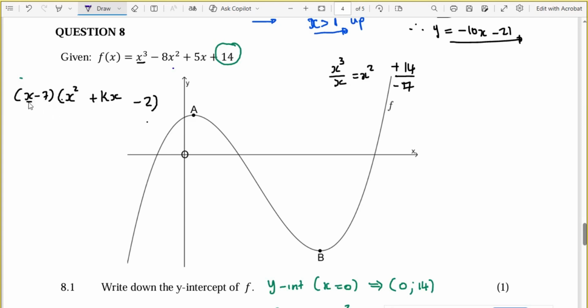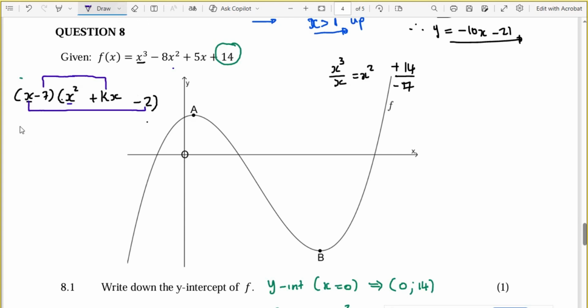This x times that minus 2 will give me the coefficient of x, and another one that can give me the coefficient of x is this one and that one. If I say minus 7 times x squared, that doesn't give me the coefficient of x. So you can choose if you want to create x or x squared.